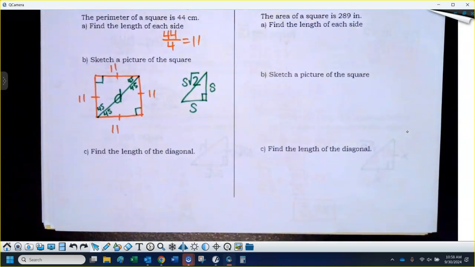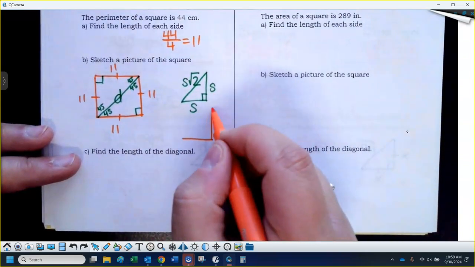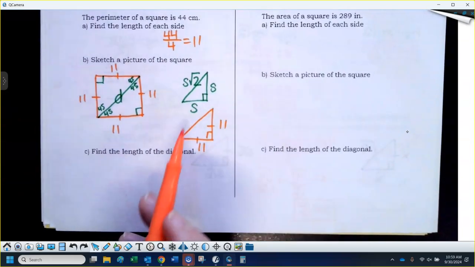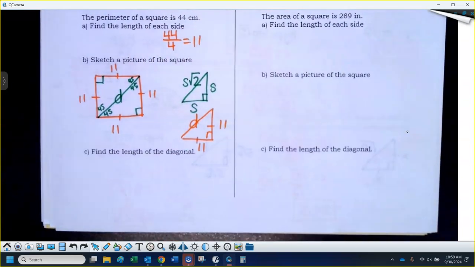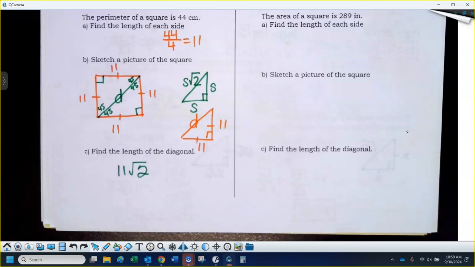What would the diagonal be? So what I have in my picture, this is a 45, 45, 90. These guys are both 11, and this is the diagonal. So what would the diagonal be? 11 square roots of 2. That's all you have to do. You're done. That's it. It's not terrible.